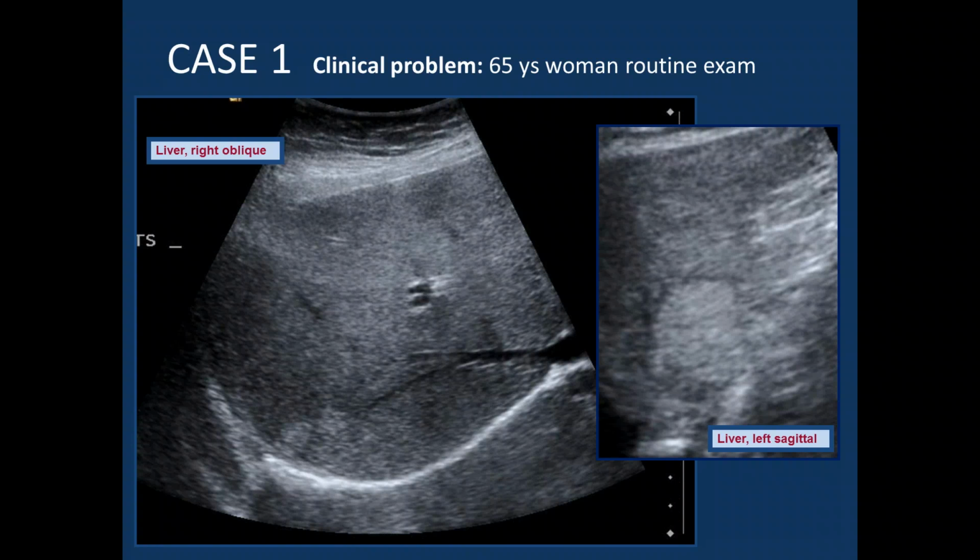So very often we will detect disease accidentally. This is a 65-year-old woman, and you see the right liver lobe in an oblique cut, and the right image is a sagittal cut from the left lobe. I would be very happy to have your suggestions within the chat.